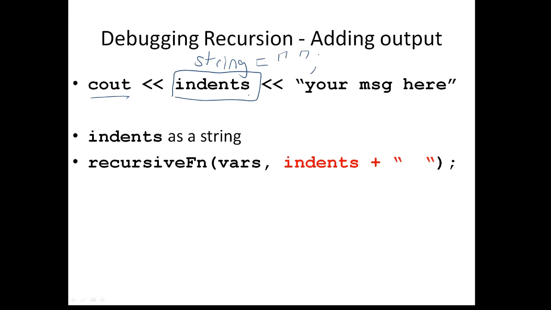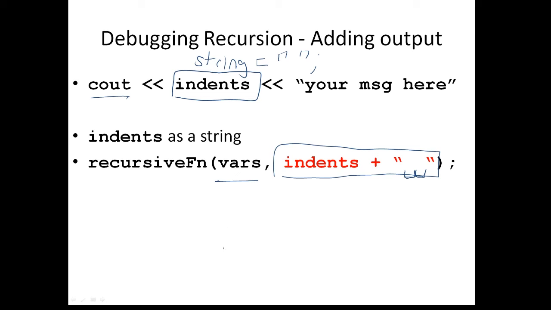But then you're going to have it as an argument, and you're going to have your normal variables in your function, but then at the end you're going to introduce an indents plus, and then you're going to put a couple of spaces in there, right? And so this is going to allow you to see, when you're making recursive calls, how that output actually ends up being affected.